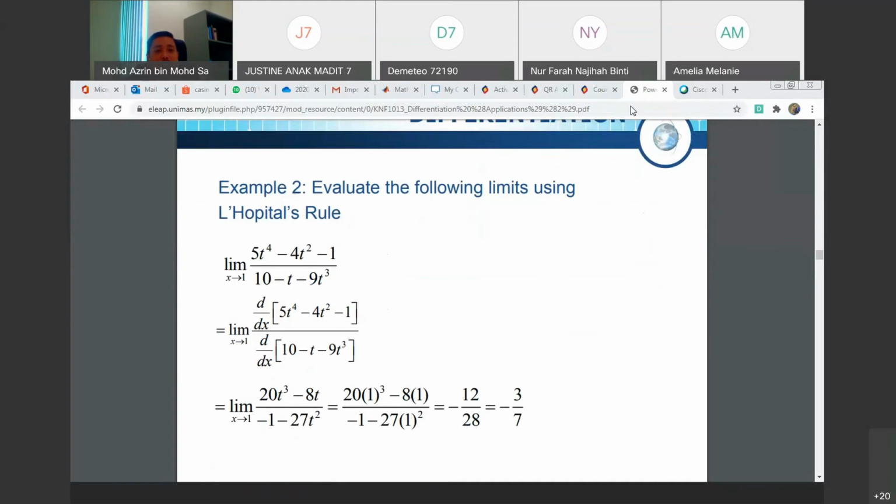So first, you need to differentiate this part by part, first the top and bottom.